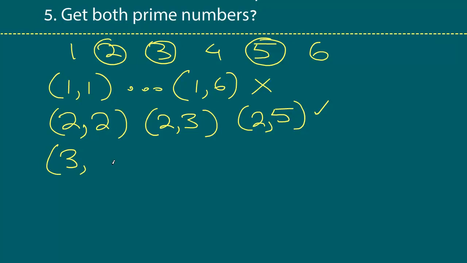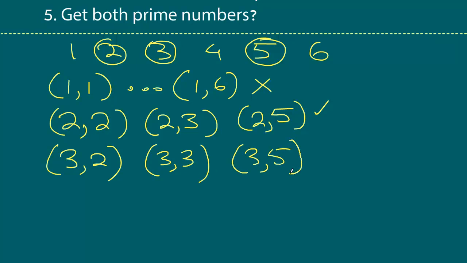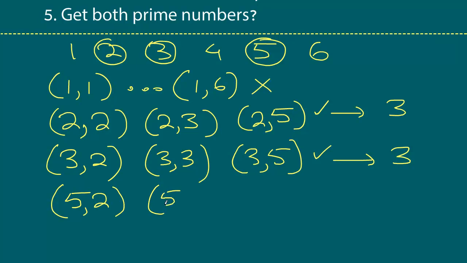Similarly, when we get 3,2, or 3,3, or 3,5, these are favorable outcomes. So here we have 3 favorable outcomes. And now when we do 5,2, 5,3, and 5,5, we get 3 favorable outcomes.